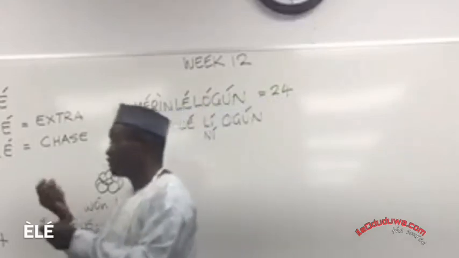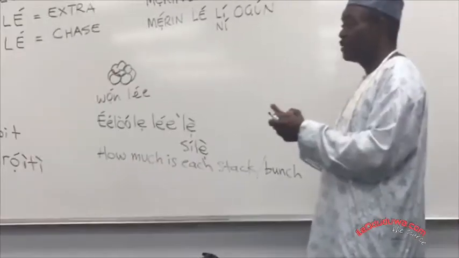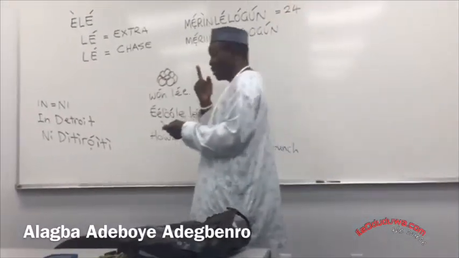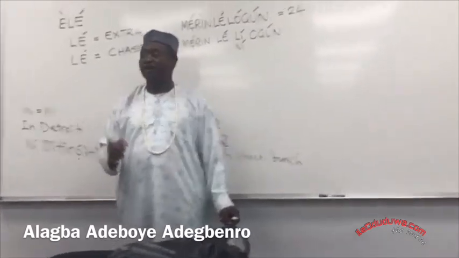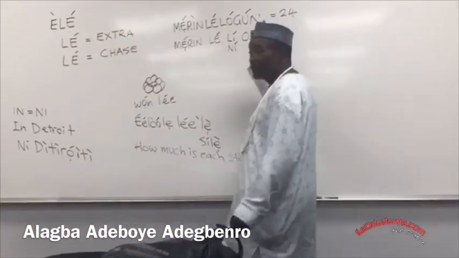The extra, if it's 4, that's Mẹ́rin, le. So if it's 20 popcorns I gave you at first, that is what? Ogun. And that will be Mẹ́rìnlélógún. Alright?